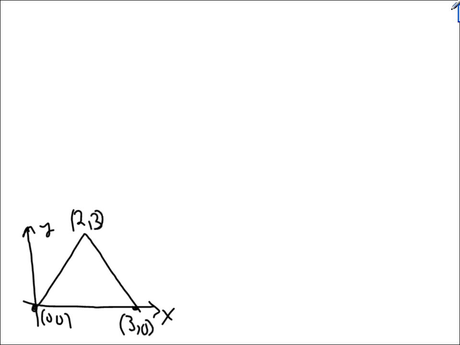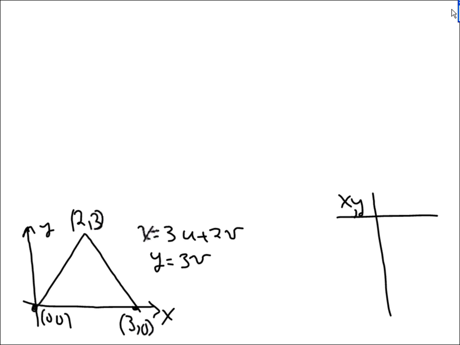You're told that x is 3u plus 2v, and that y is 3v. And your goal is to convert the xy points to uv points. You want to write 0, 0 in the xy plane as some uv in the uv plane. Same with 2, 3, and the same with 3, 0.